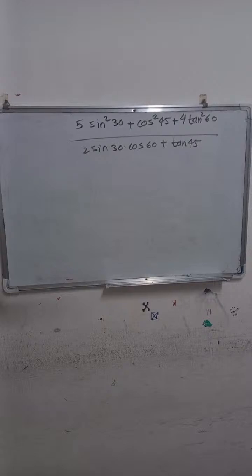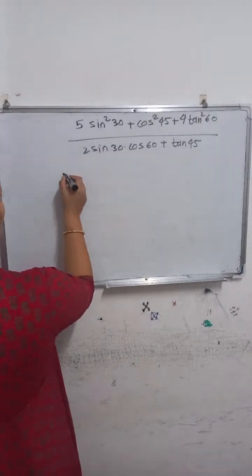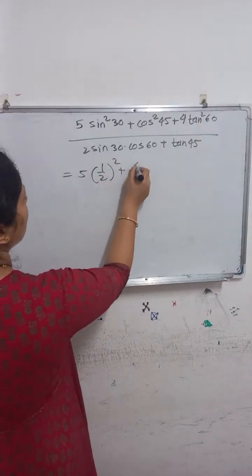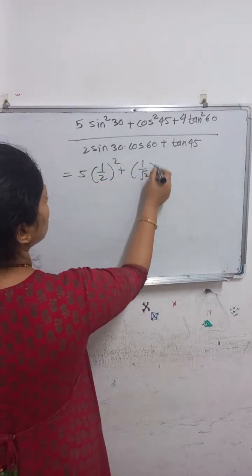I hope everyone knows the value for each angle. Sine 30 is half, correct? Sine 30 is half, cos 45 is 1 by root 2. Try to solve this. 5 into sine 30, which is half, square. This is 1 by root 2 square.